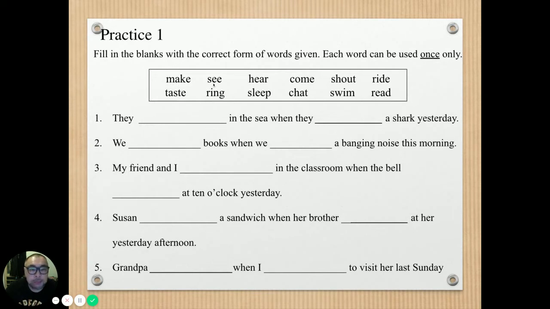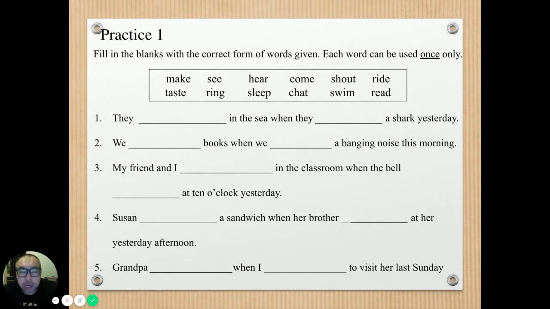Make, see, hear, come, shout, ride, taste, ring, sleep, chat, swim, read. And here we have some sentences, and I want you to practice at home.